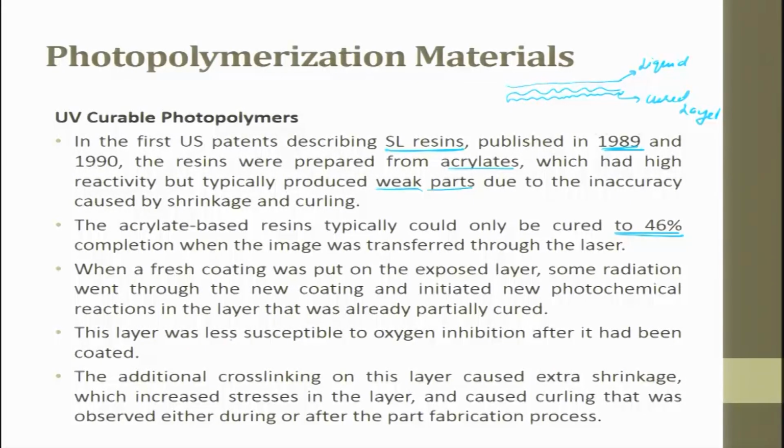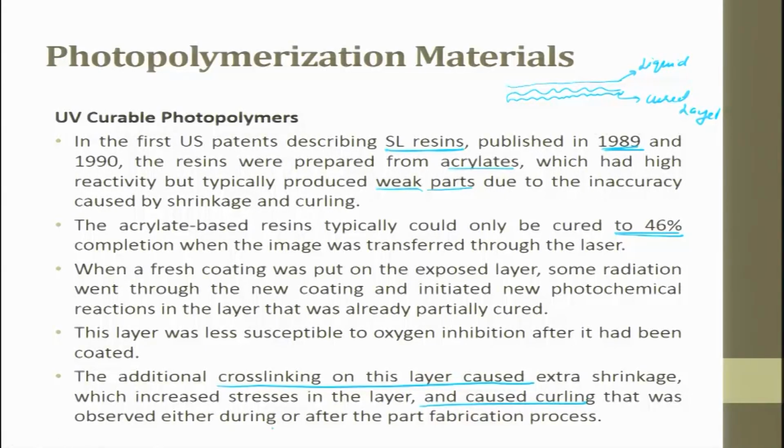This layer was less susceptible to oxygen inhibition after it had been coated. So, this is the coating which is there. The additional cross link on this layer caused extra shrinkage, which increases stress in the layer and caused curling.